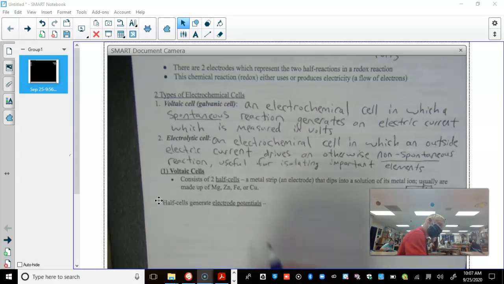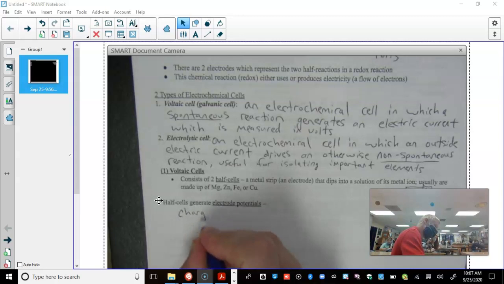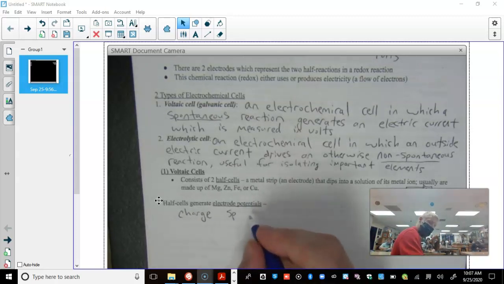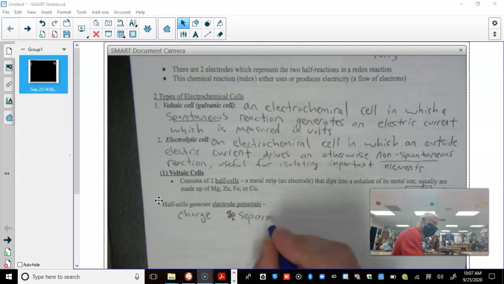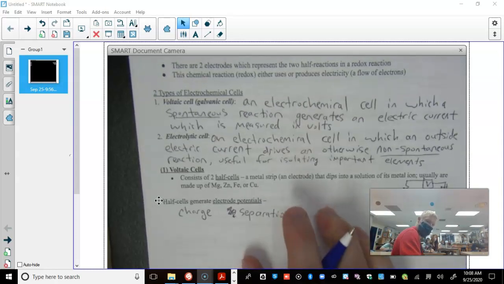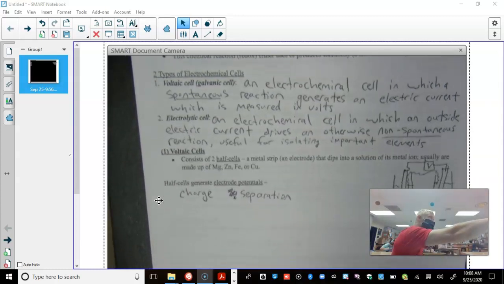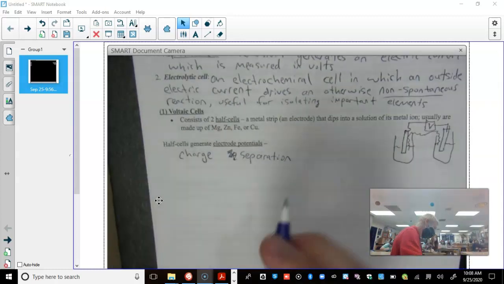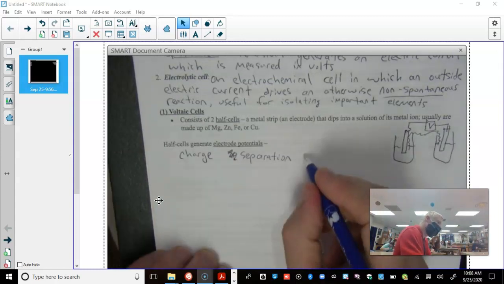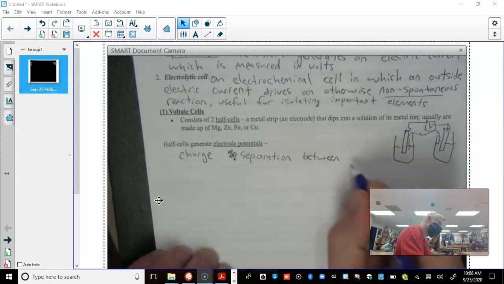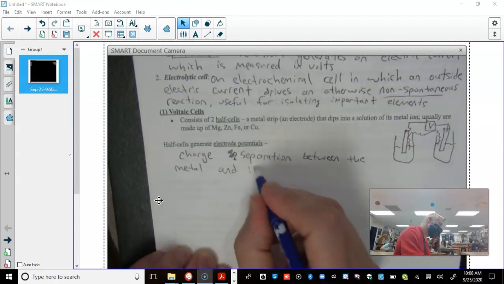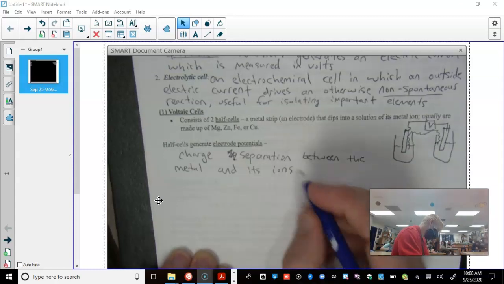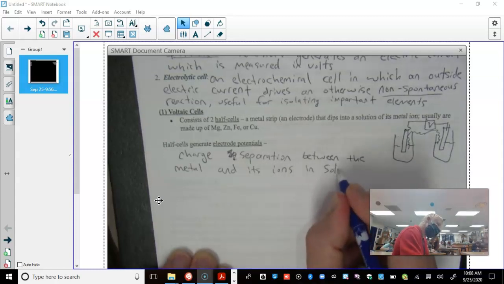Half cells generate electrode potentials. So what's an electrode potential? Charge separation between the metal and its ions in solution.